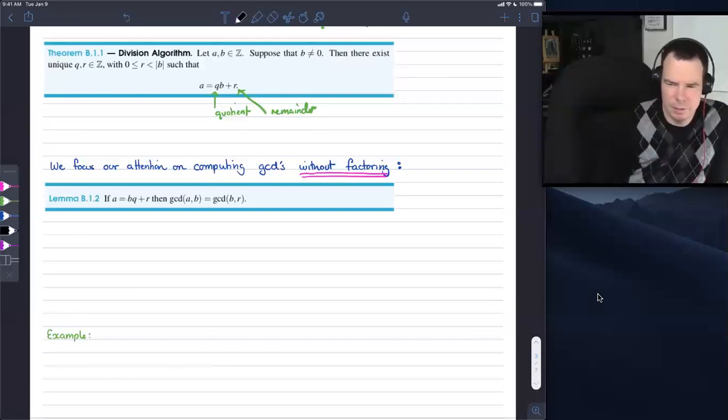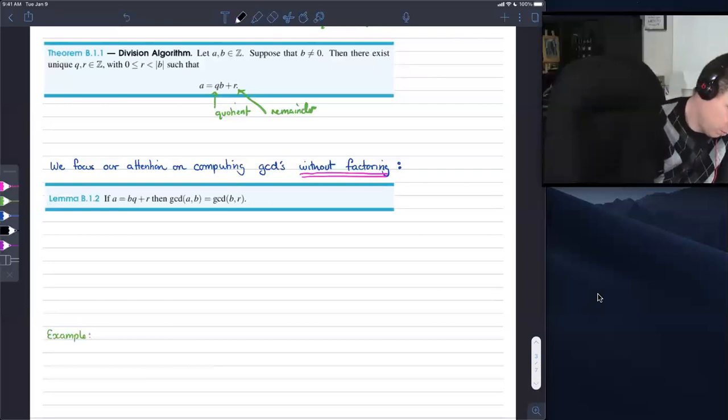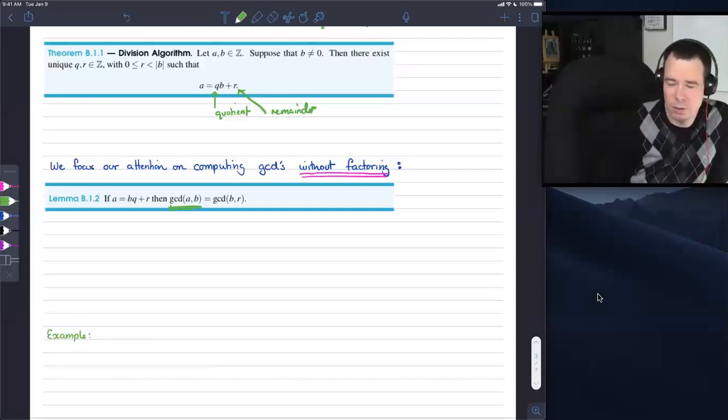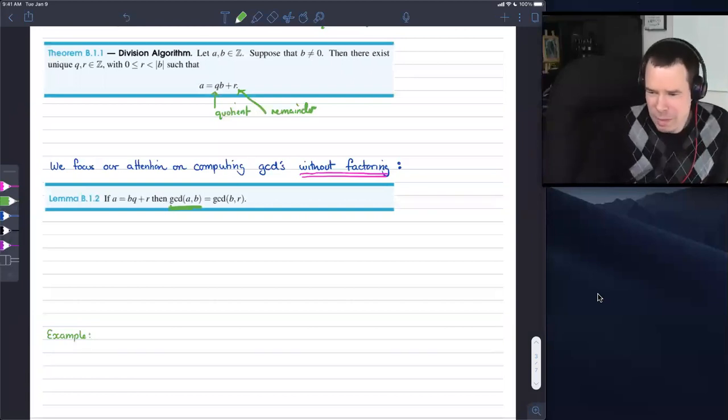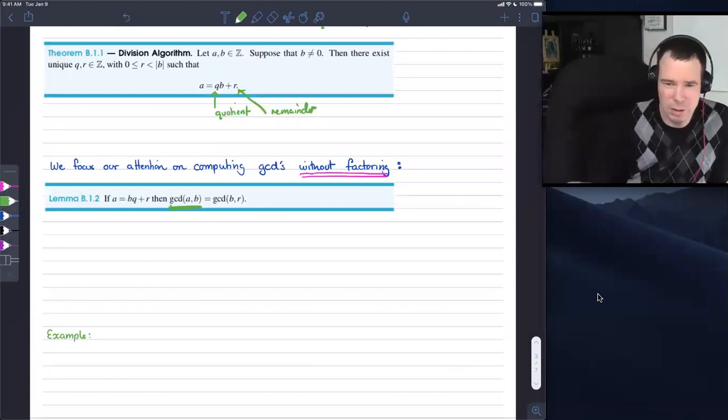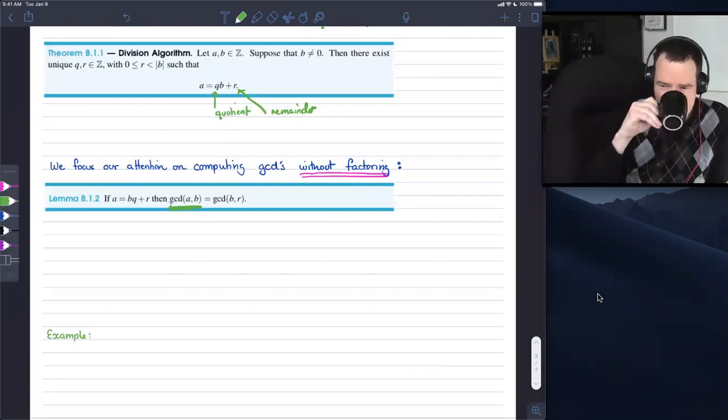Then the claim is that if you originally wanted to find the GCD of a and b, well, it turns out that that's equal to the GCD of b and r. And if you think about what r is, the remainder of the division, r has to be smaller than a.